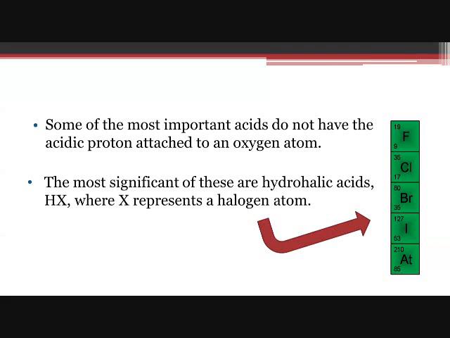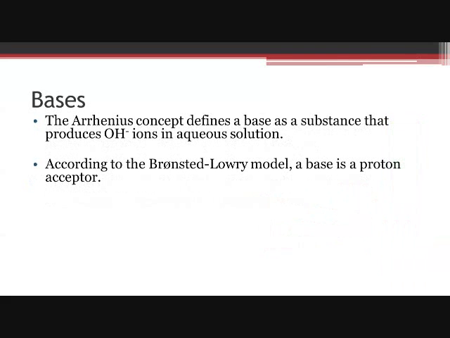Okay, so now let's talk a little bit about bases. So, no more dissolving bodies. Arrhenius' concept said that bases contain hydroxides. And that works for some. But according to the Bronsted-Lowry model, in general, a base will accept the proton.